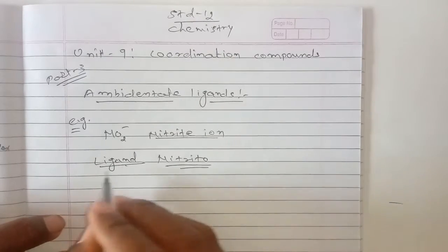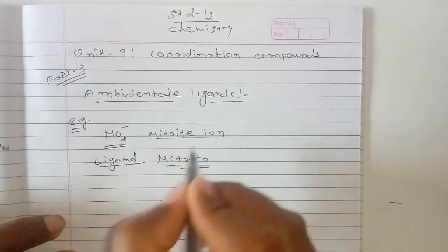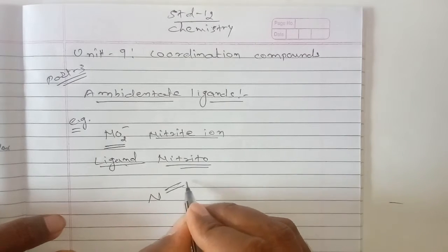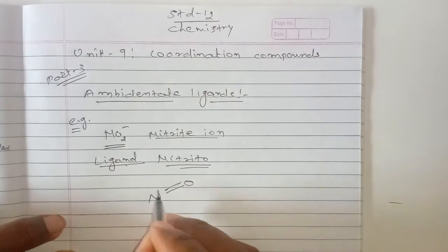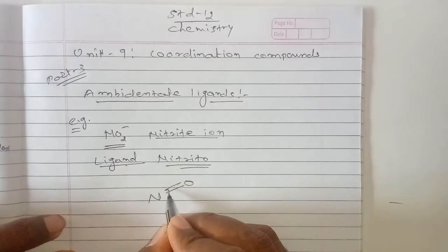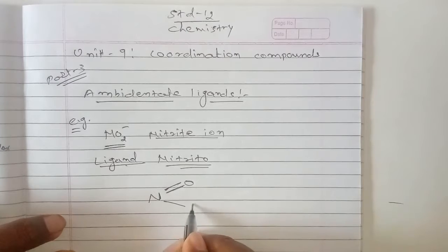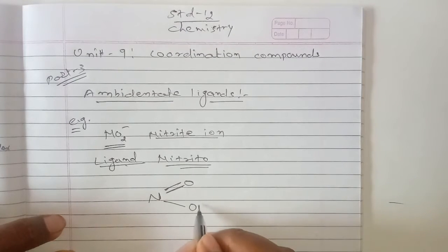In this nitrite ion, one oxygen atom is bonded with the nitrogen atom by a double bond, and the other by a single bond.